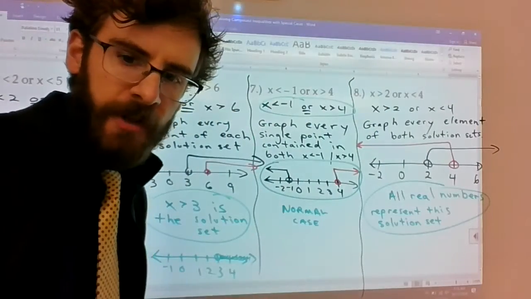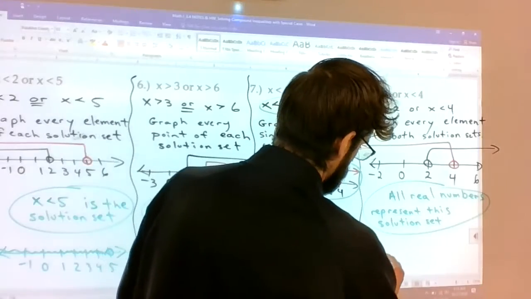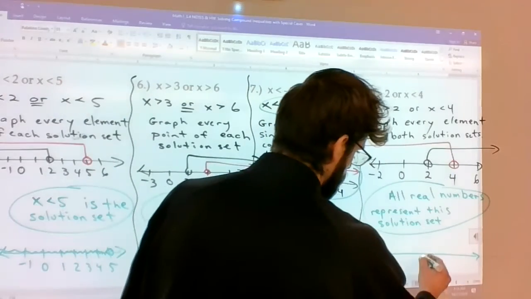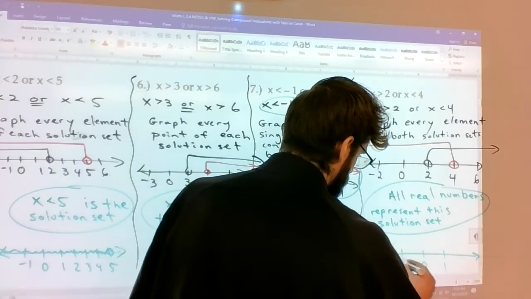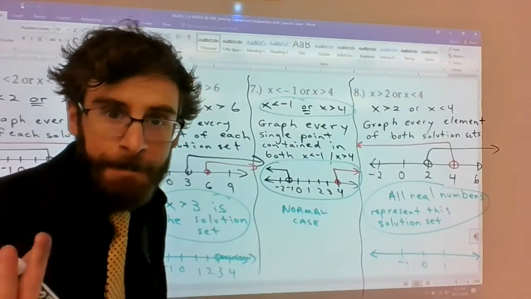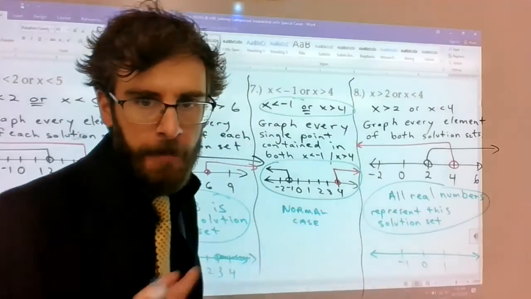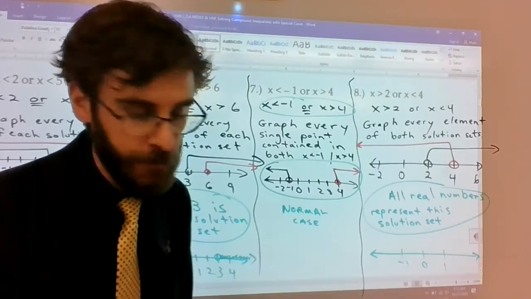So how do we graph all real numbers? We basically embolden the entire number line. Every point on the number line is a solution.